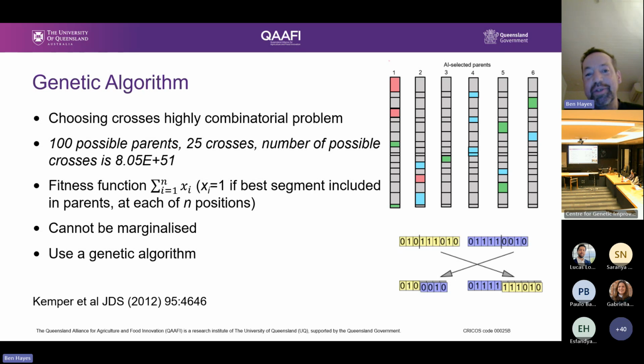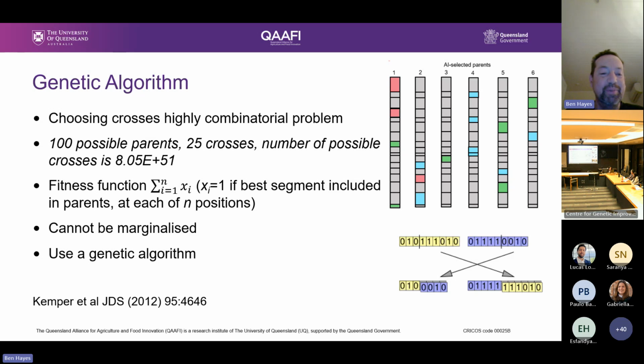So if you're going to choose 25 crosses out of 100 possible parents, it turns out that there are 8 by 10 to the power 51 possible crosses that you can make out of those 100 parents to choose those 25 crosses. That's just an enormous number.